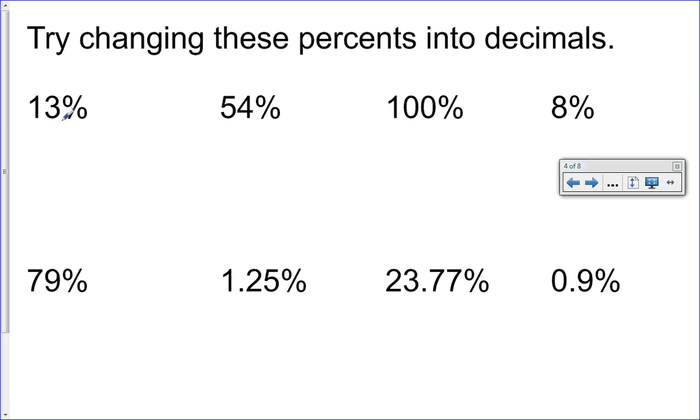So my decimal starts right after the 3, and if I move it 2 spaces to the left, that will give me 0.13.